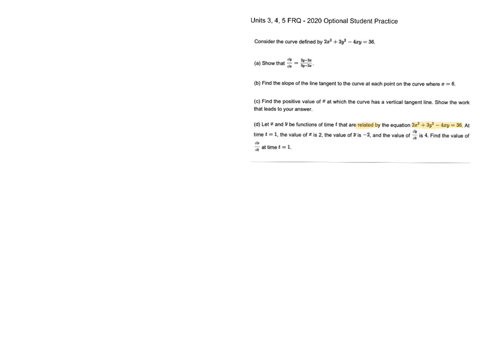So when we do related rates, we usually like to write down our information that we know. We're going to work with x equals 2, y equals negative 2, and dy over dt is 4.